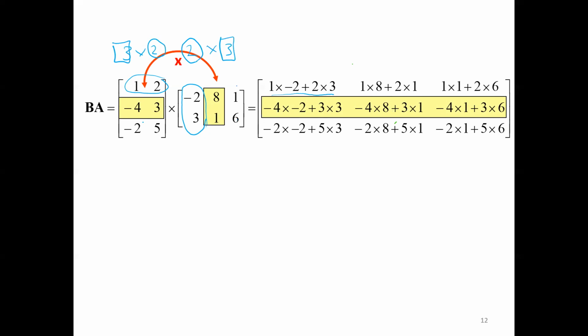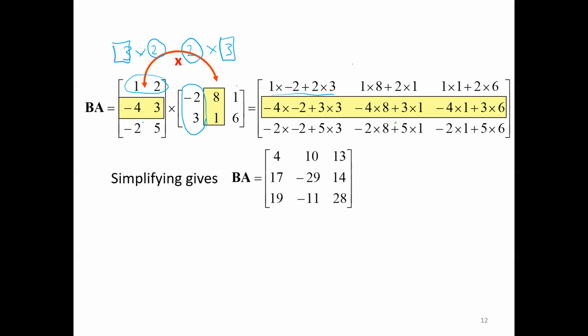And the second row with the third column will give you the last one, like minus 4 times 1 plus 3 times 6. Again, after you simplify, you get the answer BA is 4, 10, 13.